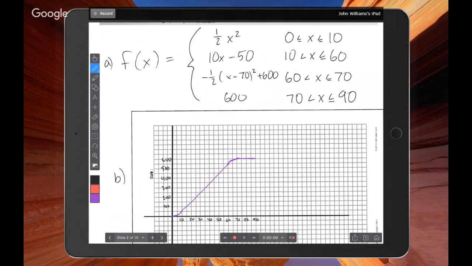There it is. There's f of x. You guys want to see it in Desmos?